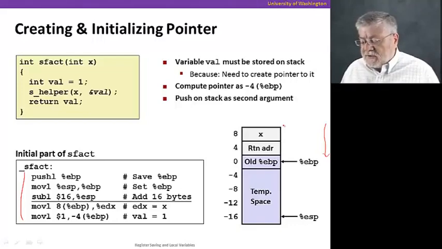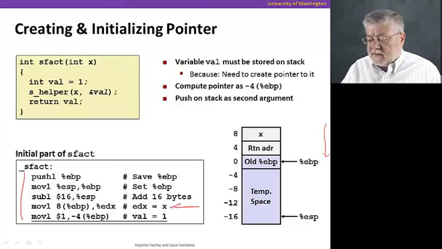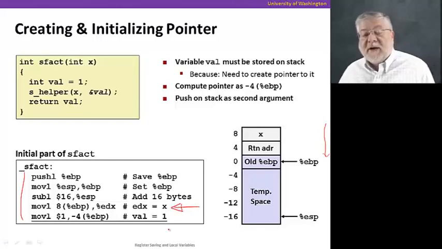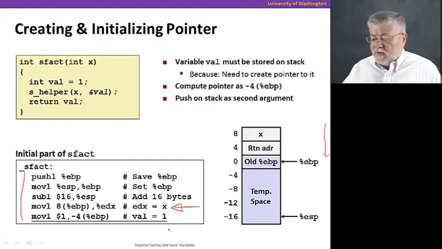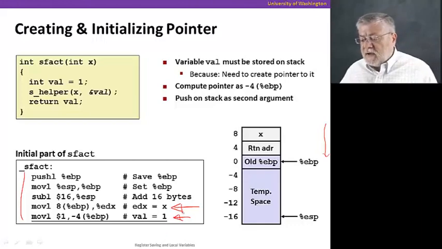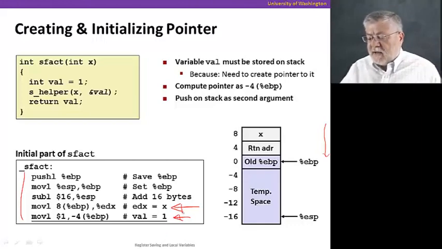The next thing that we do is go get the value of x by accessing the location where that argument was stored. Remember 8 plus the base pointer. Okay, we get the value of x, and then we set the value of val. And how do we set the value of val?